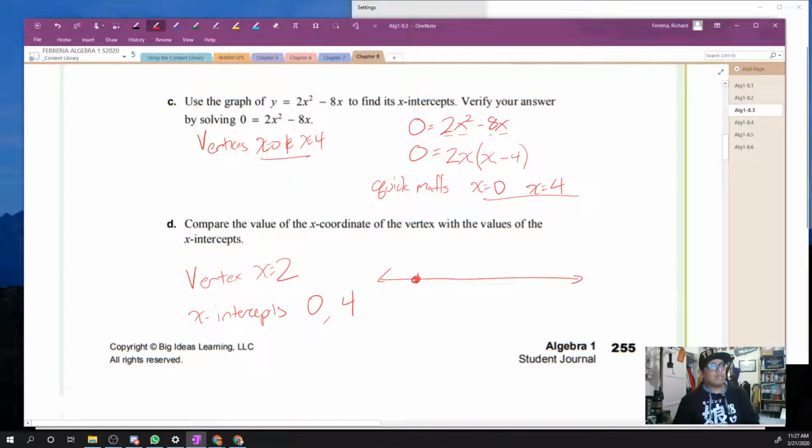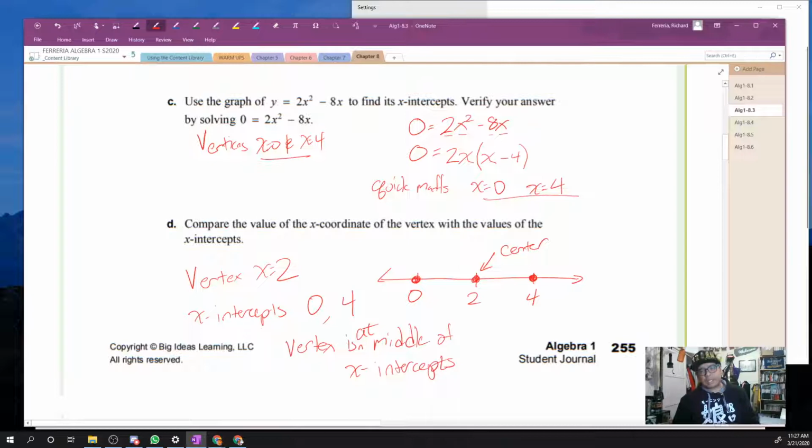Well, this would be 0, this would be 2, and this would be 4. They would be equally spaced, and this is exactly at the center. Okay, so the vertex is at the middle of the x-intercepts.